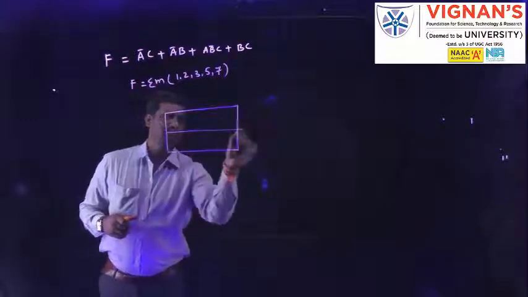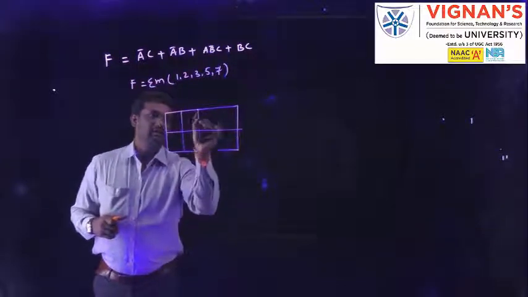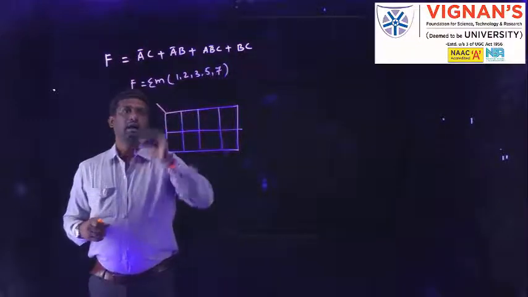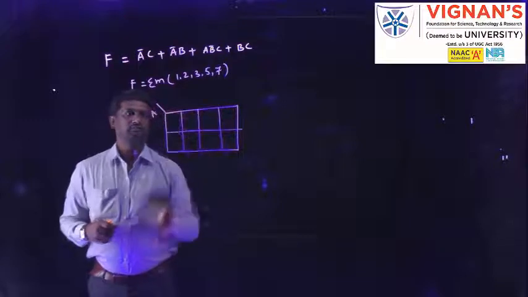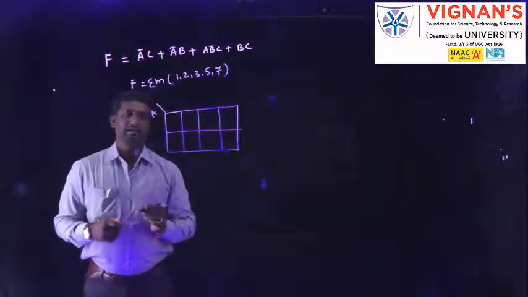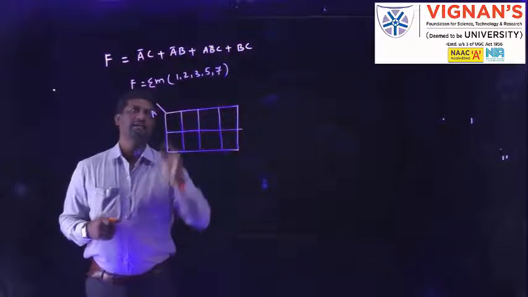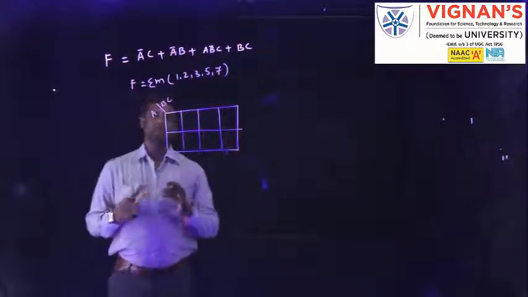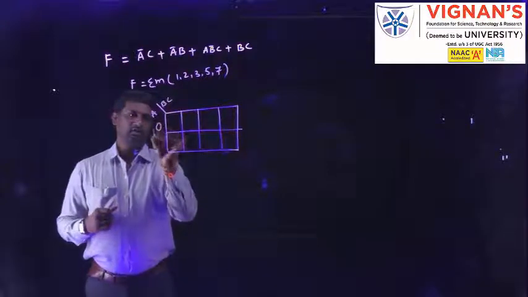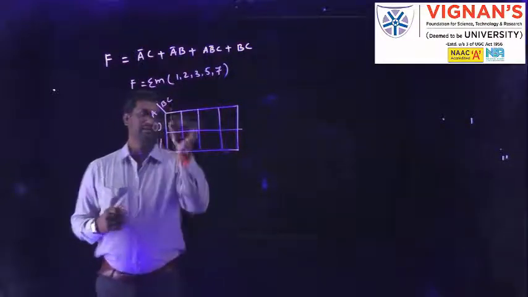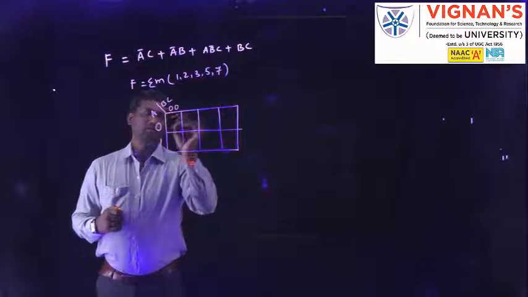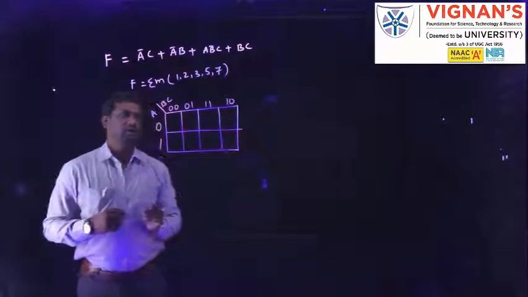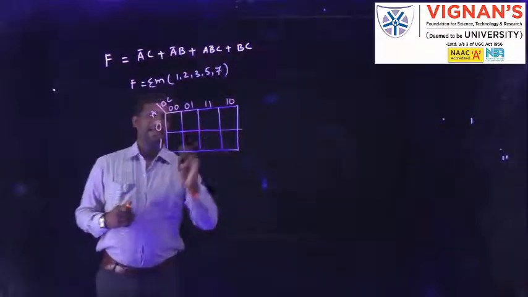The 8 cells are distributed in columns and rows. There are 4 rows and 2 columns, and for the columns I assigned variable A because 2 columns are there, and B, C are the variables assigned for the rows. 0 and 1 are the column values by unit distance code. 0 0, 0 1, 1 1, 1 0 are the row values.